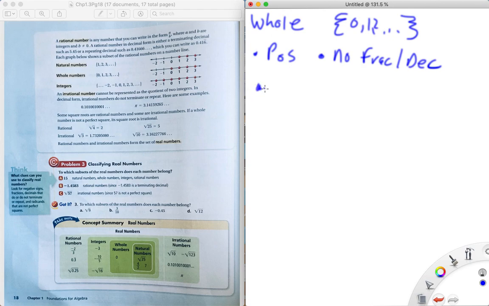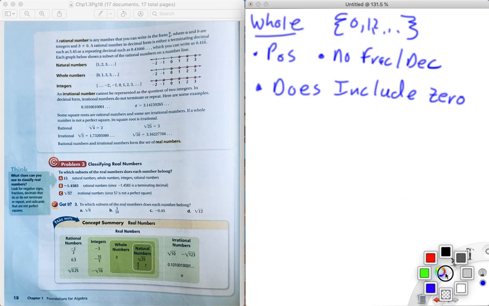And then the one difference is that it does include 0. It does include 0. So those are whole numbers. Then we have integers.